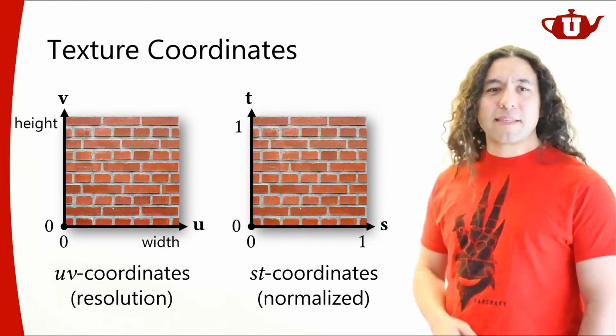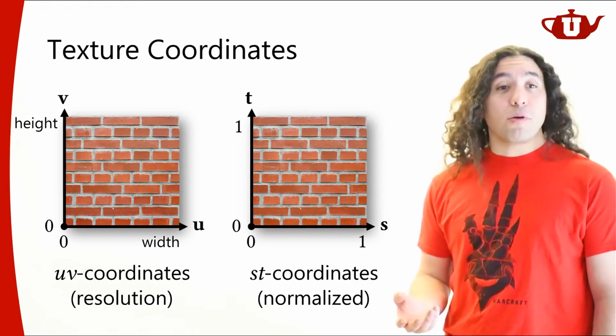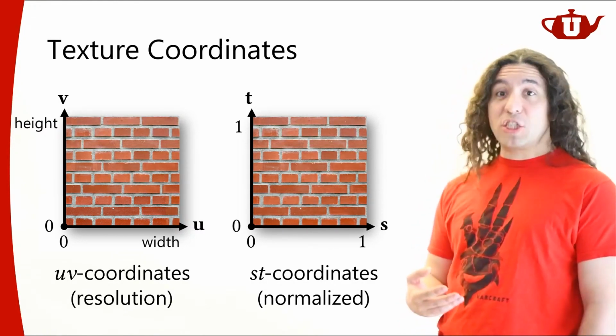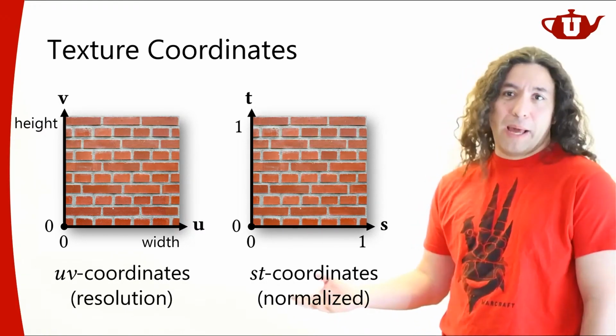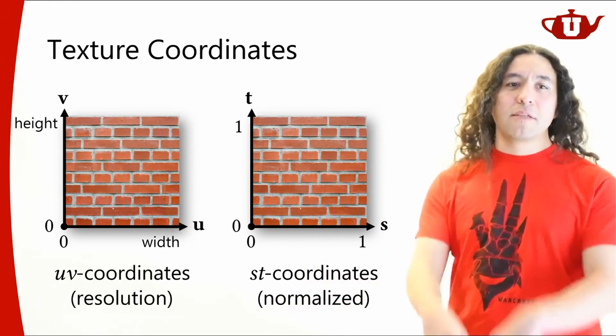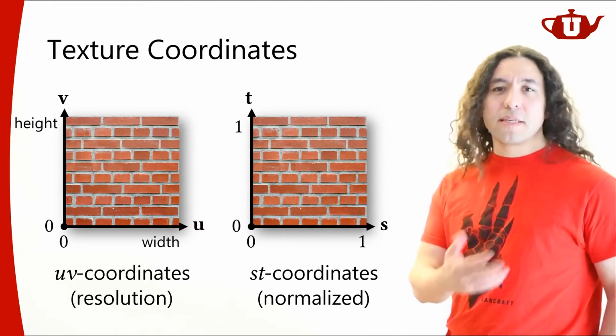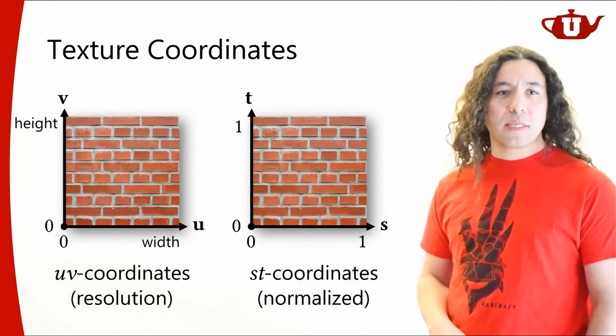And the nice thing about normalized texture coordinates is that I don't need to know anything about the resolution of my texture. It's just my GPU needs to know to be able to do texture filtering. But I just give it an image, there you go, there's your image. I don't even care what resolution it is. I say, use this texture and here are the texture coordinates.